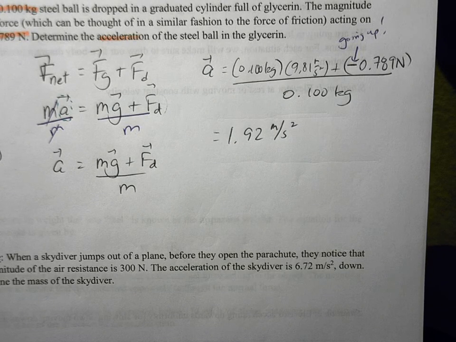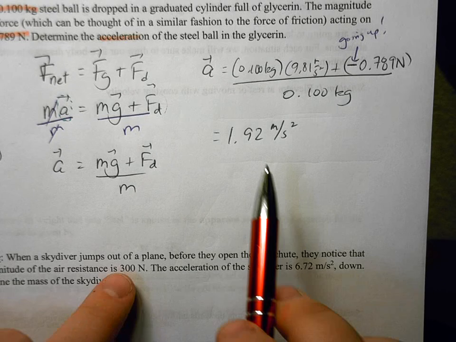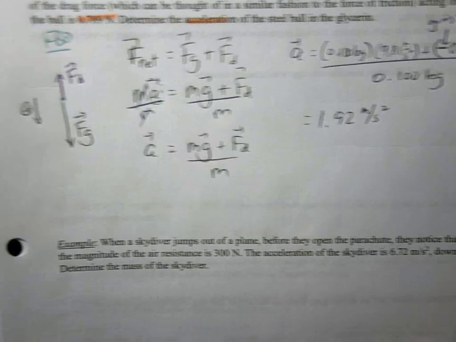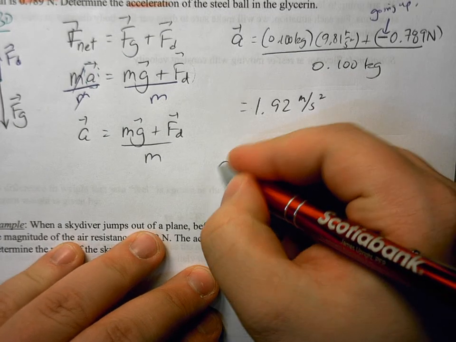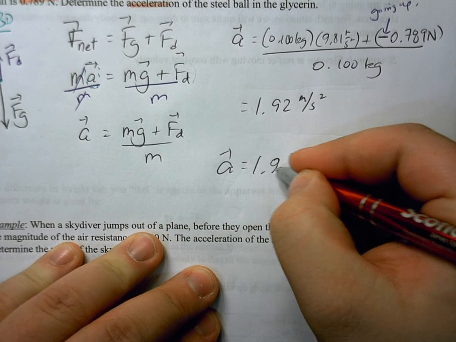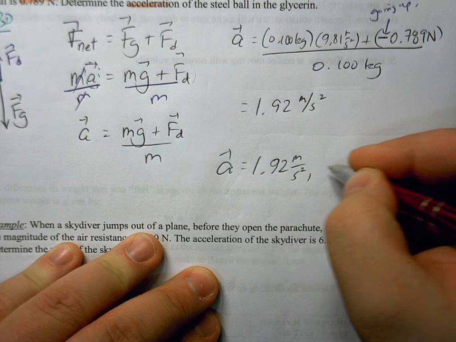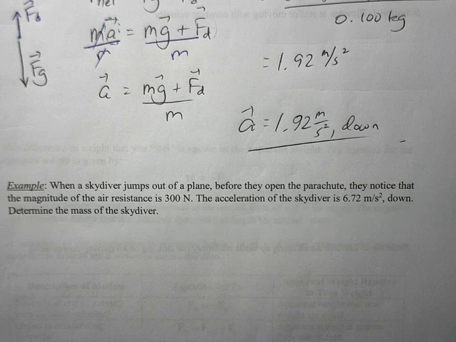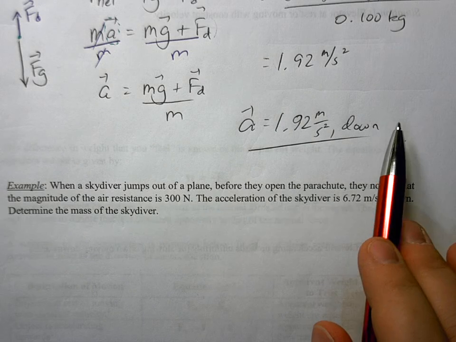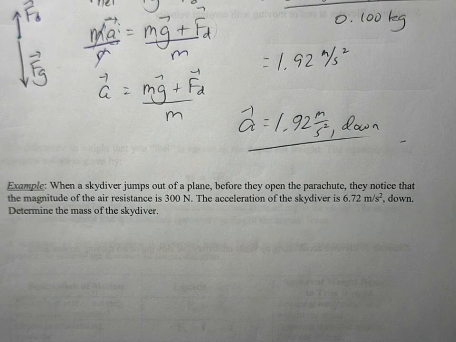But this is acceleration, and acceleration requires two parts: we need a magnitude and we need a direction. Because this came out as a positive number, and we've called the down direction positive, all we have to do is tack on that direction. So we can say the acceleration of this thing is about 1.92 meters per second squared down. And that's the key with the question: magnitude, direction, and being mindful of your signs.